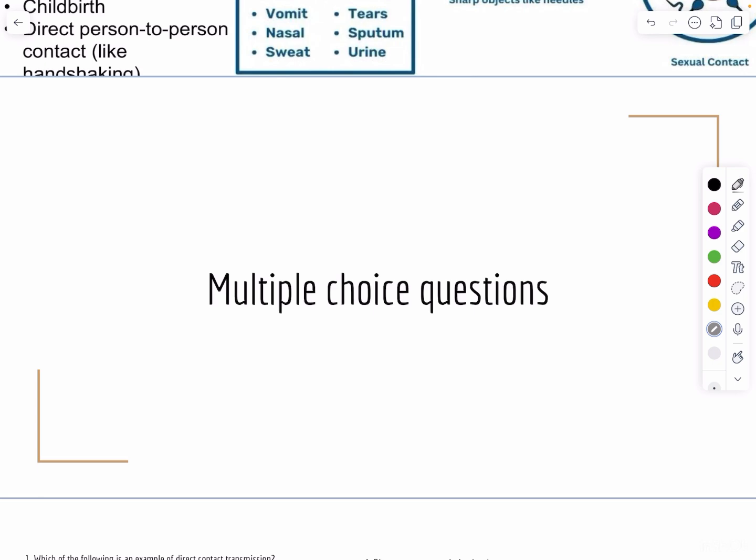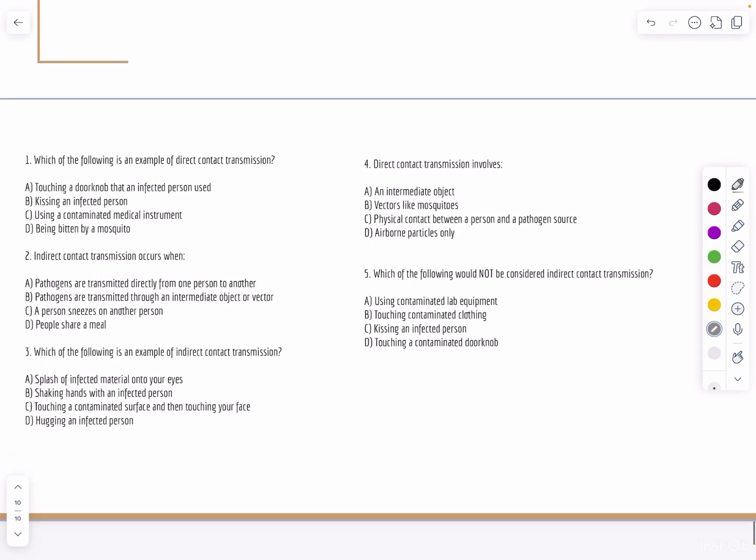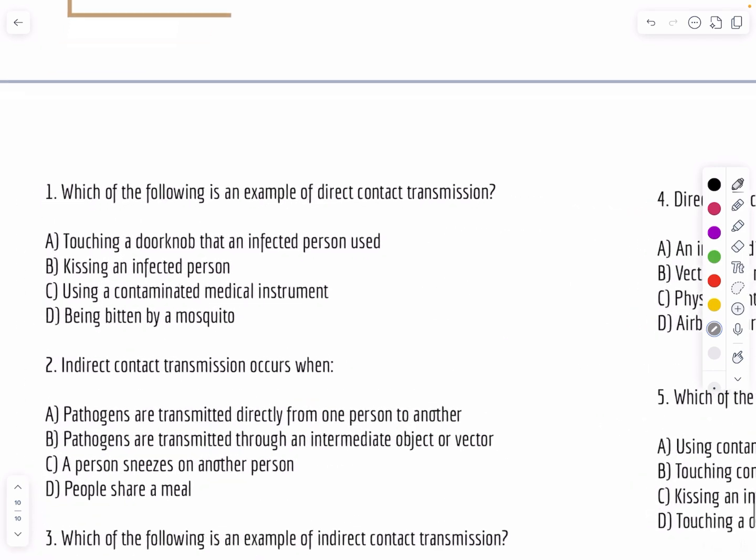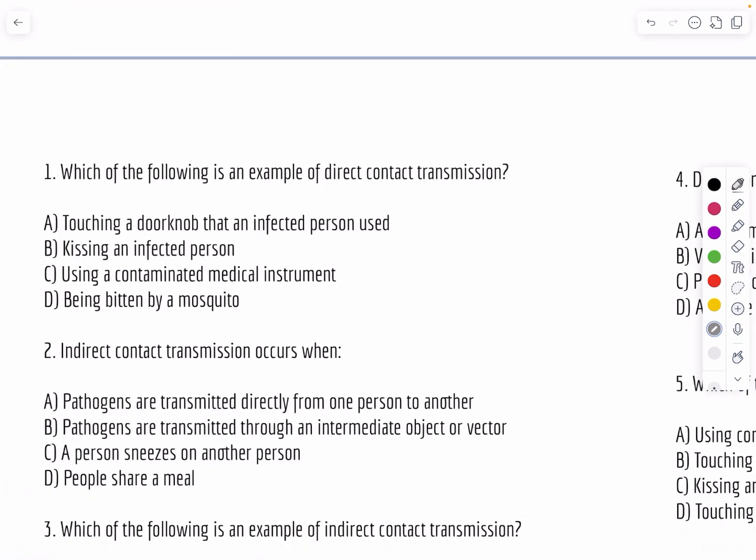We move on to our multiple choice questions. Question 1. You can pause the video and answer the question in your own time, while I will be moving on with the answers after each question. Which of the following is an example of direct contact transmission?